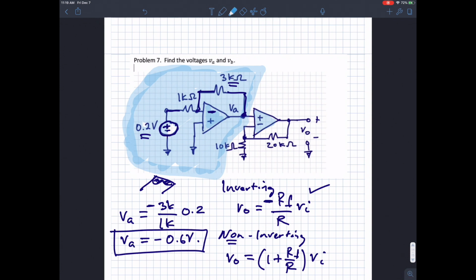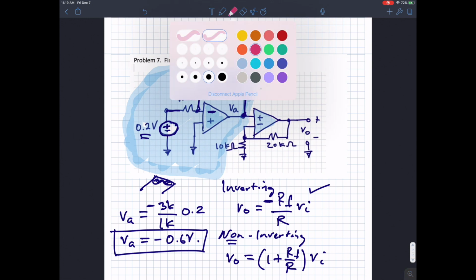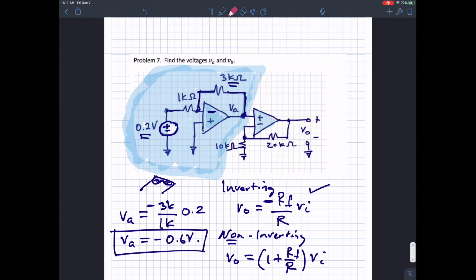Now the next stage, when you look at this, you have the feedback resistor. It goes from the output back to the input. It connects to the minus terminal. But the input from the previous stage is connected to the plus terminal of the op-amp. These are connected in series.